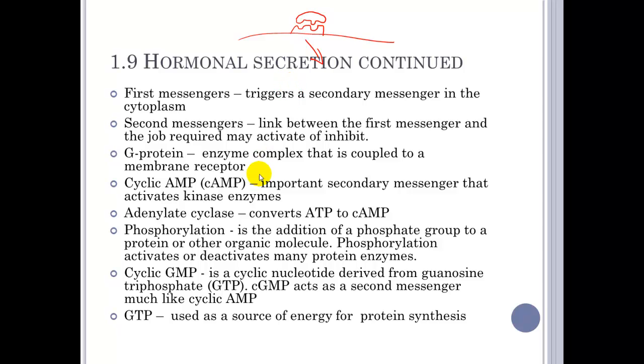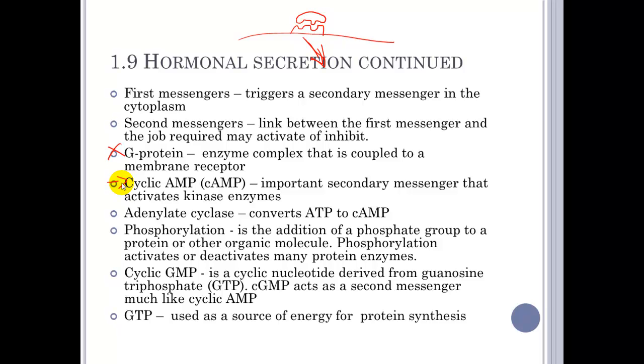A G protein is an enzyme complex that is coupled to the membrane receptor, and this is how the exterior surface gives the information to the interior of the cell. All of the adrenaline and norepinephrine examples that we're going to look at use something called cyclic adenosine monophosphate, or cAMP.